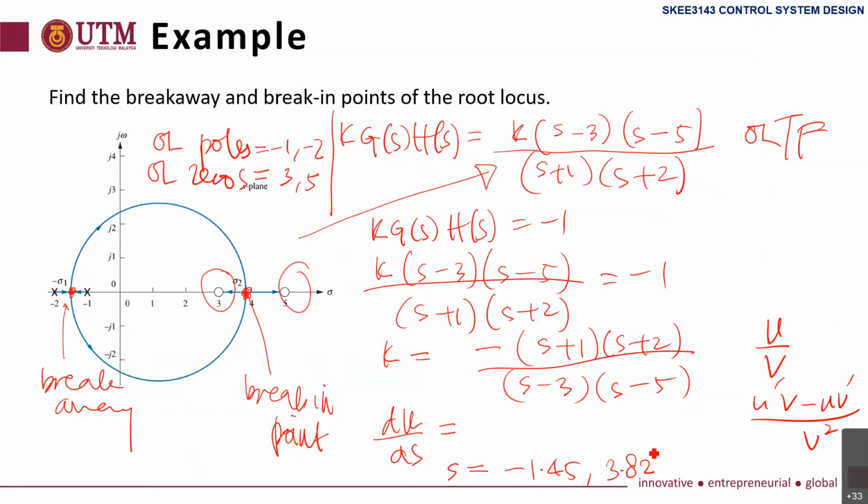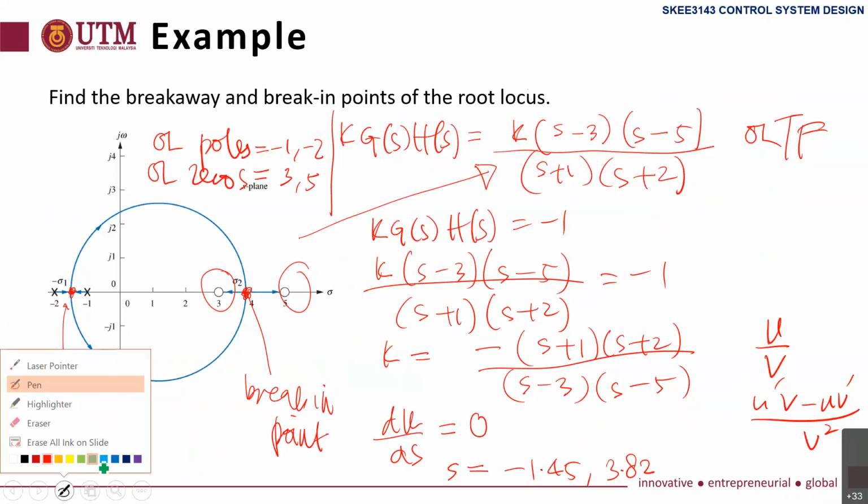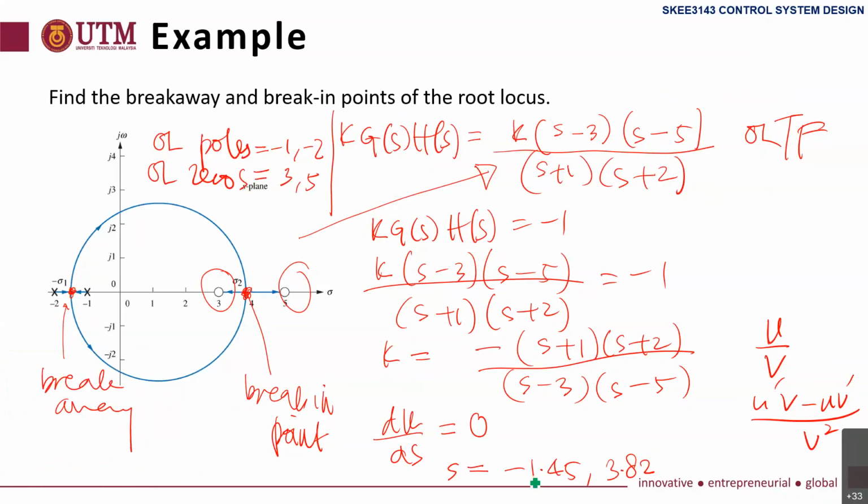Here, dk over ds, you equate to 0. Minus 1.45 refers to this, the breakaway point, and 3.82 is this, the break-in point. So we have a break-in and a break-away point.